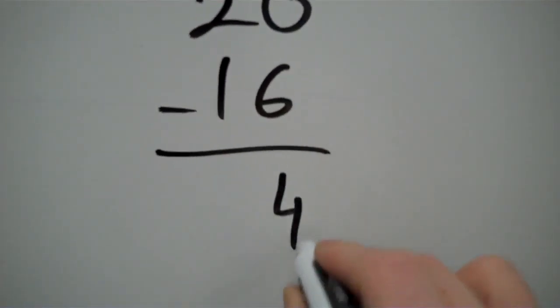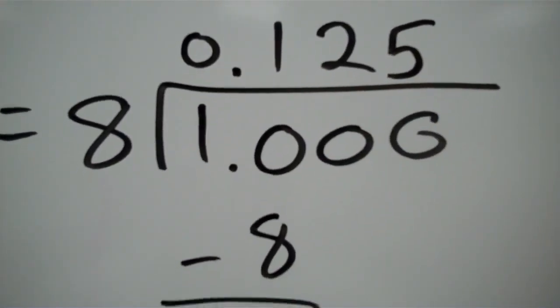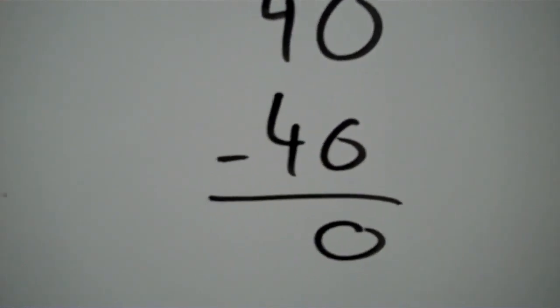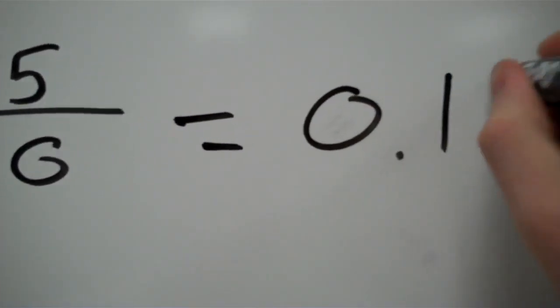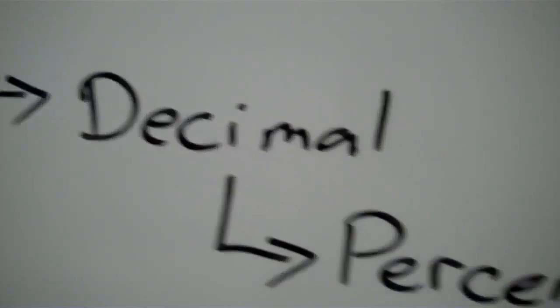Get a remainder of 4. Bring down another 0. 8 goes into 40 perfectly 5 times. I should get a 0 remainder right there. That means a terminating decimal. So 1/8 is equal to 0.125 as a decimal.